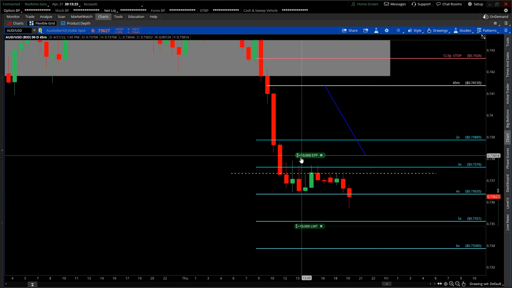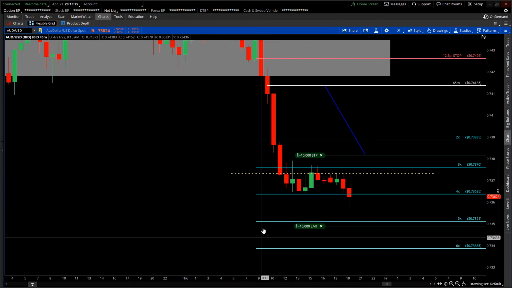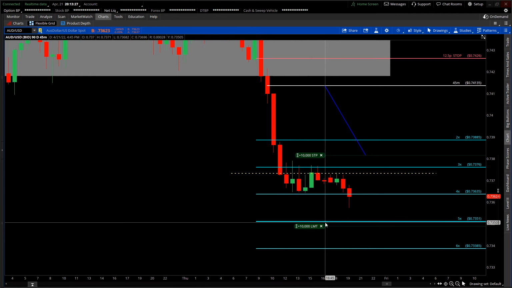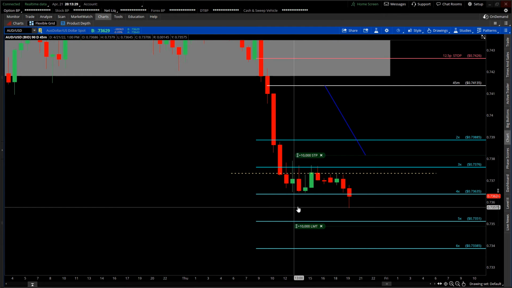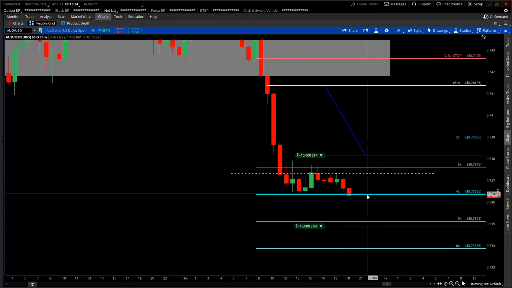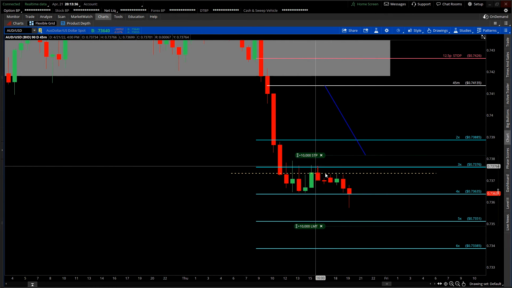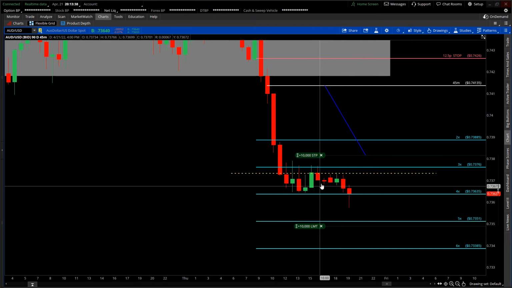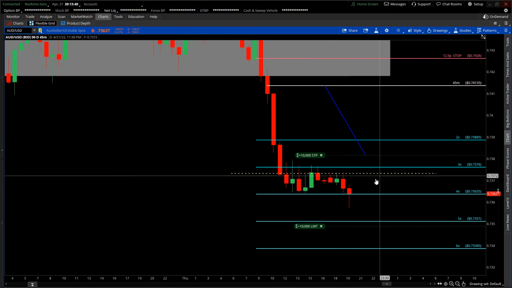So now this is the only type of order I use going into the overnight session, because I'm not going to be awake to manage this trade. So I'll establish my levels and place the OCO order going into the evening.